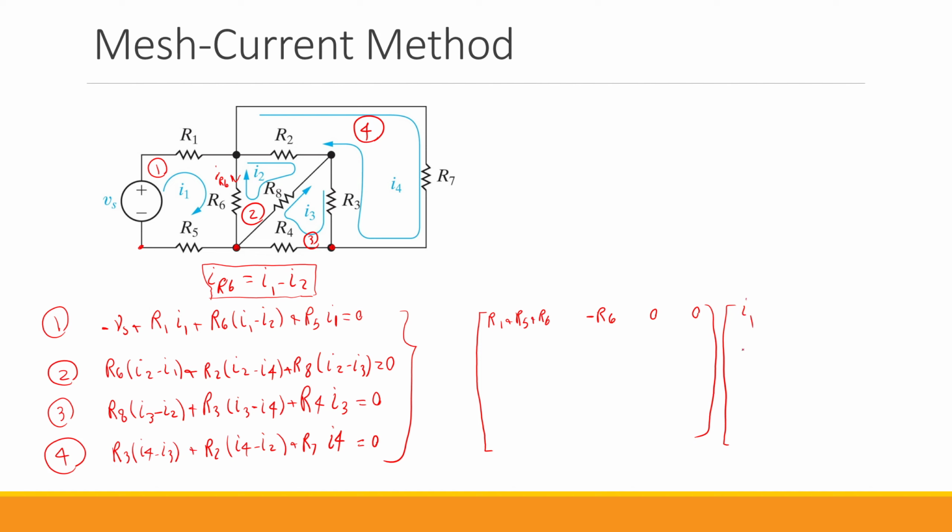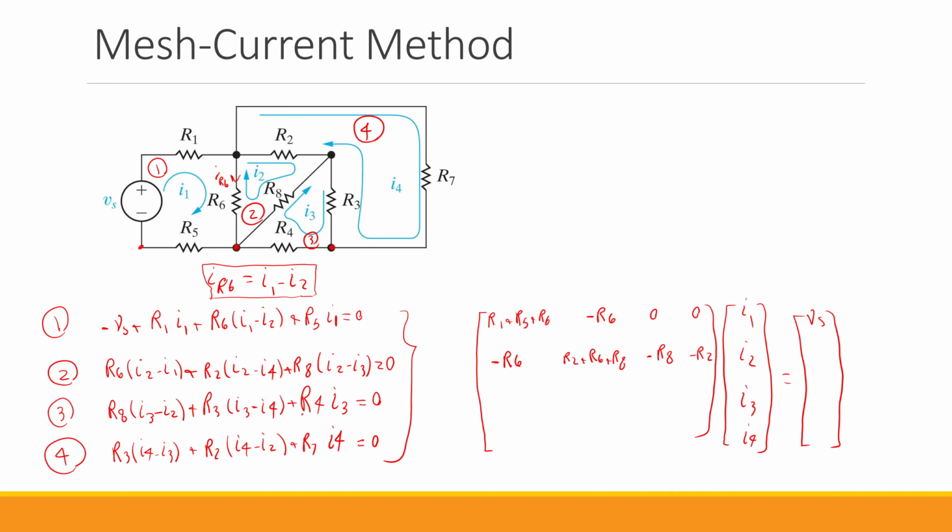We have I1, I2, I3, and I4, which equals Vs for the first row. For the second row, it's going to be negative R6, positive R2 plus R6 plus R8. For I3 it is going to be negative R8, and for I4 it is going to be negative R2.